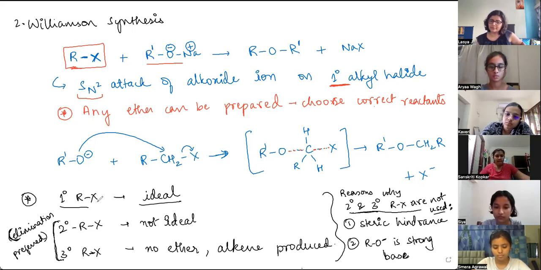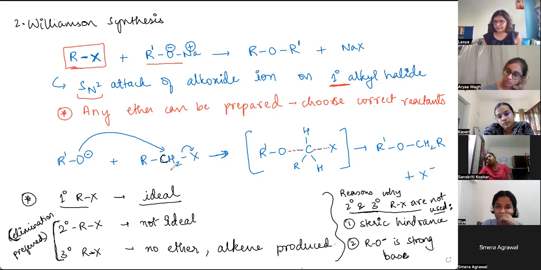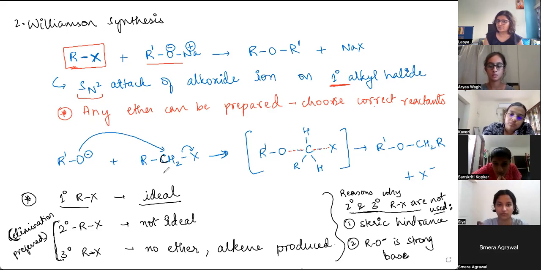So that's what I'm discussing here. For a primary alkyl halide, elimination can take place, but also this can take place. Same is the case with tertiary. It can get attracted to the carbon or it can get attracted to the hydrogen attached to the carbon. But in the case of tertiary, if this nucleophile has to attach itself to the carbon, this carbon atom is attached to more carbon atoms.